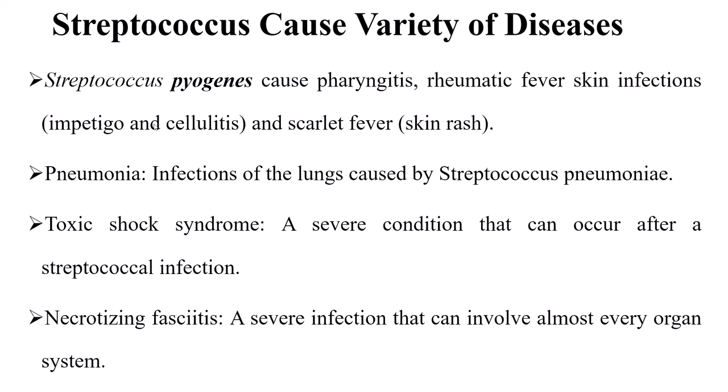skin infections such as impetigo and cellulitis. Impetigo is a contagious bacterial skin infection forming pustules and yellow crusty sores, and it is mostly found in children.